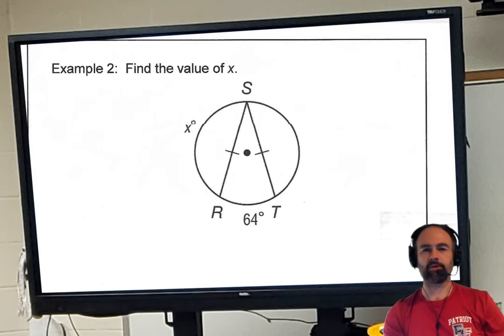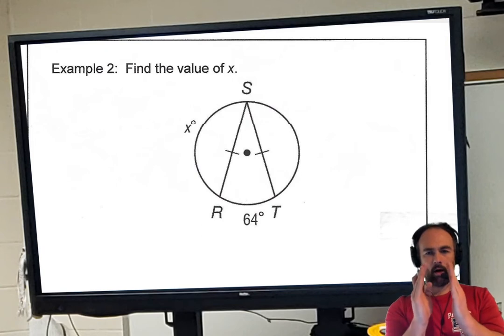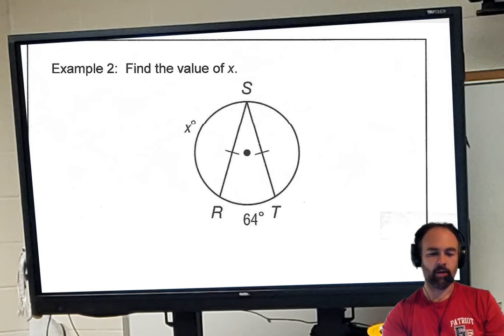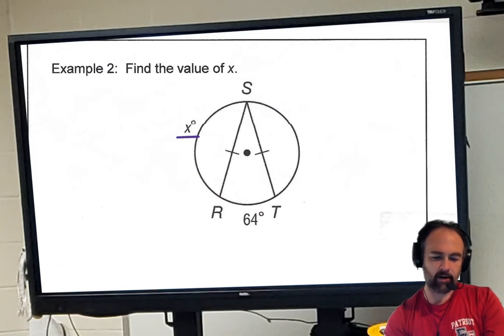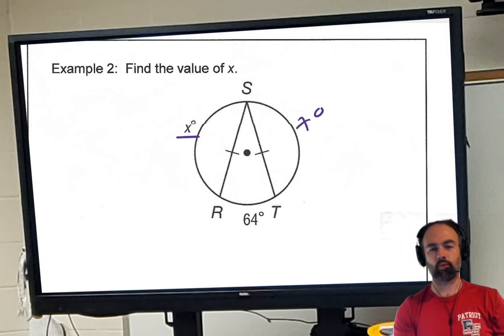All right, example 2. Now, since I know that my two chords are congruent, then the arcs are congruent as well. So since arc RS is x, then arc ST is also x degrees as well.